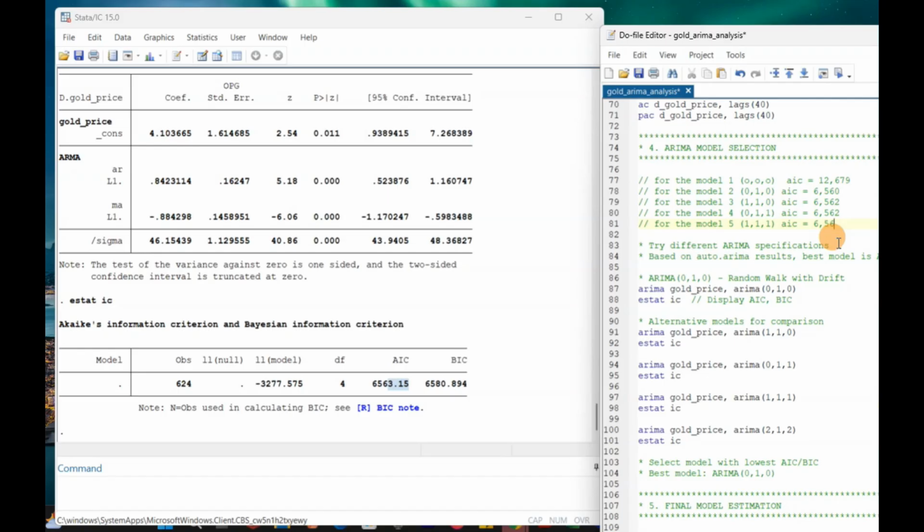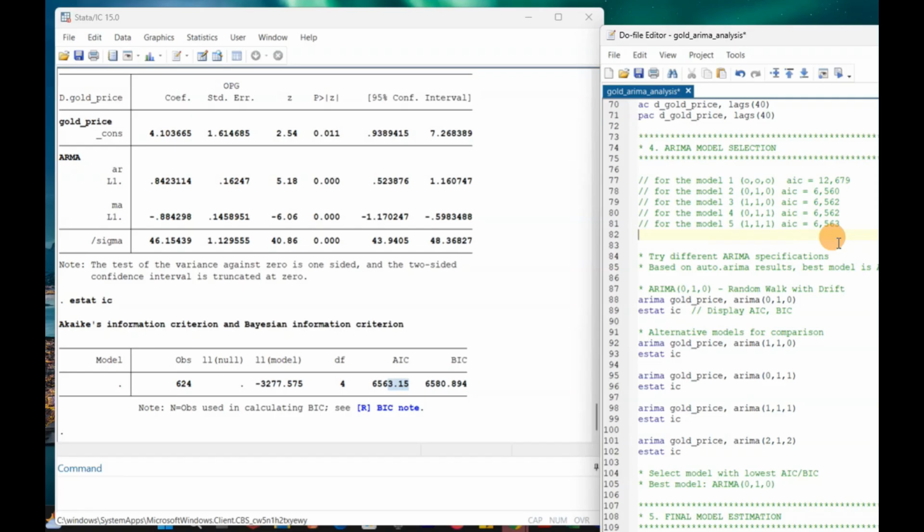So the first one, we don't consider the moving average. It's like the gold price: today is Tuesday, and the gold price for Friday is not bringing any improvement to our AIC information.